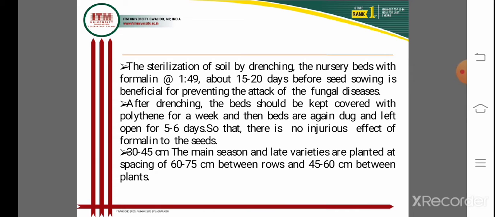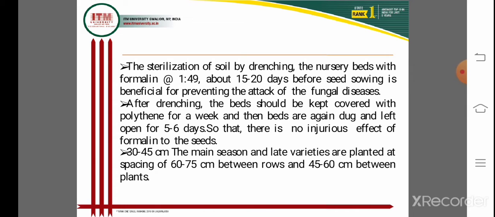After drenching, the bed should be kept covered with polythene for a week, and then the beds are dug again and laid open for 5 to 6 days, so that there is no injurious effect of formalin on the seeds. This is very important for controlling disease infections at the seedling stage.